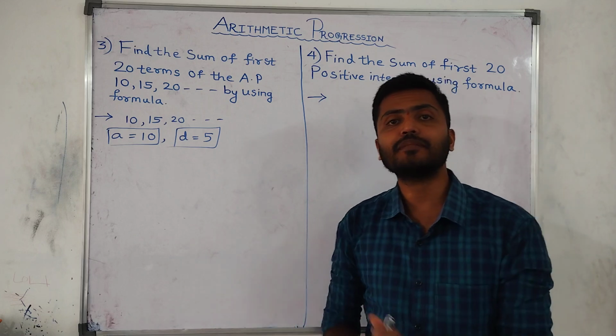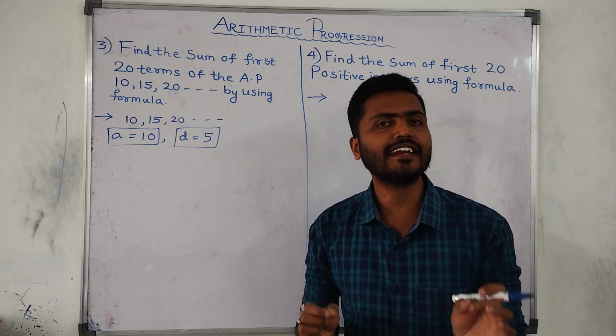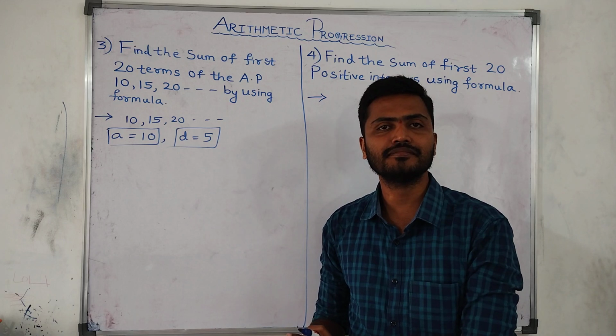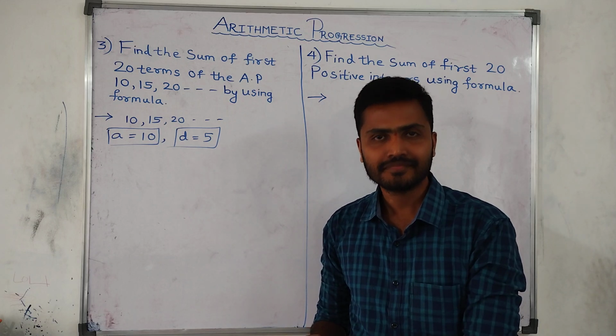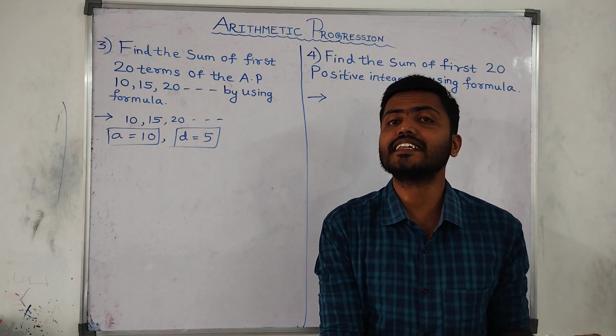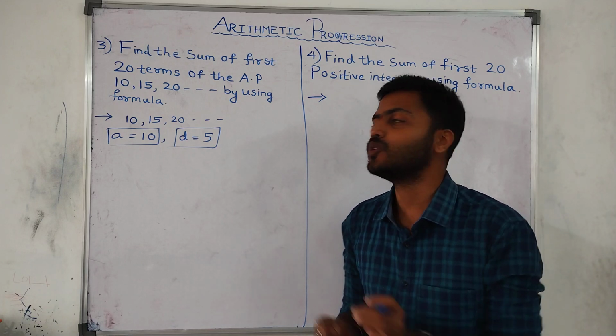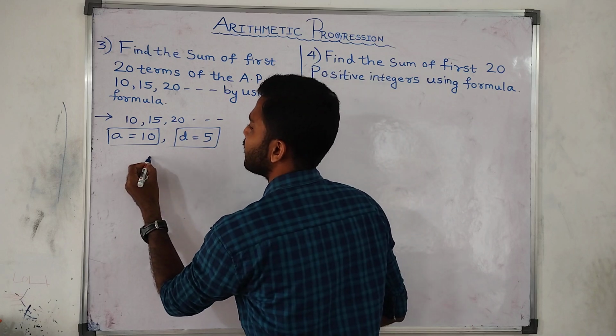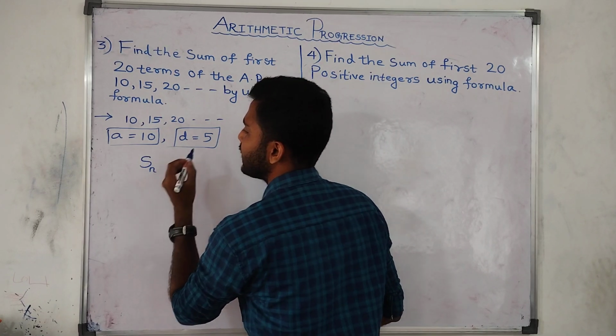So can anyone please tell me the formula to find the sum of n terms of an arithmetic progression? Yes, you are absolutely correct. It's Sn is equal to n by 2 into 2a plus n minus 1 into d. So write it after me.